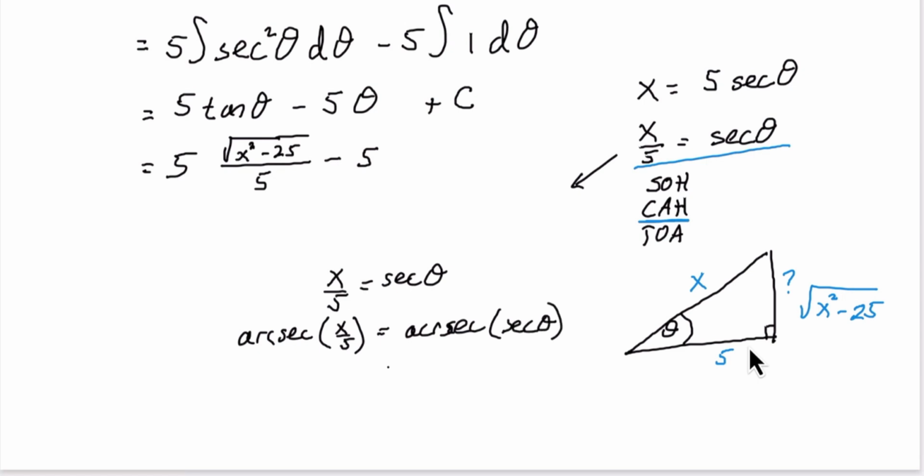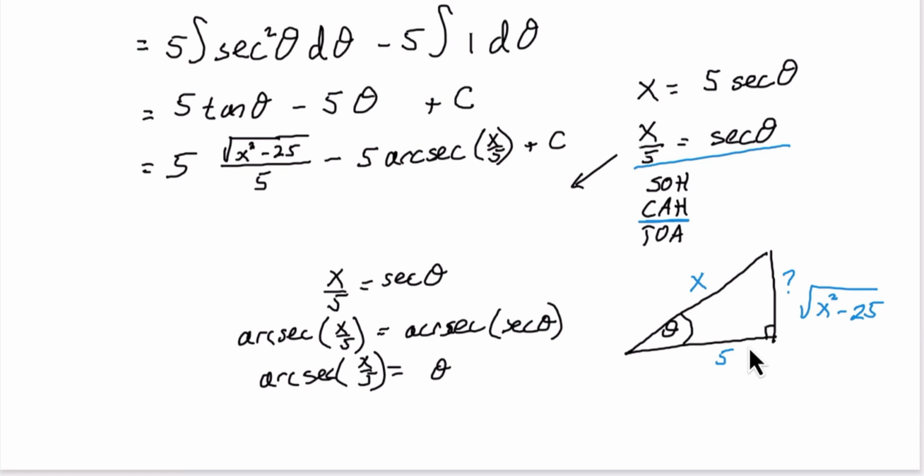Remember, the arc secant of secant is simply theta. So theta is equal to the arc secant of x divided by 5. So we have 5 times the arc secant of x divided by 5. Then all of that is still plus c.